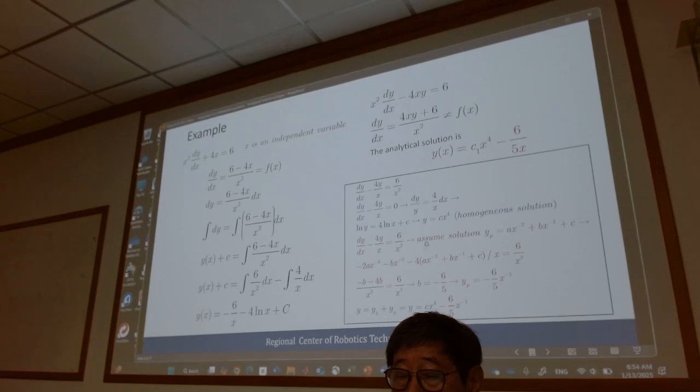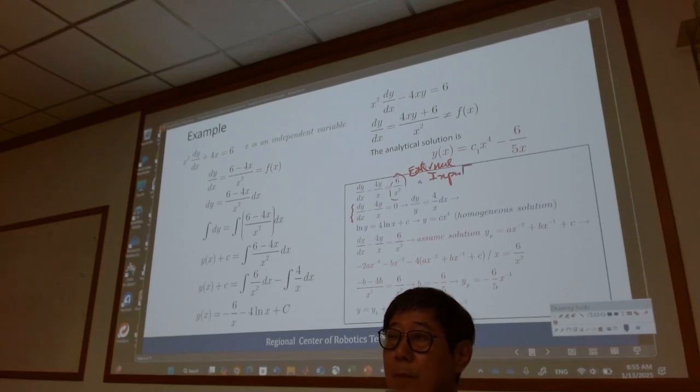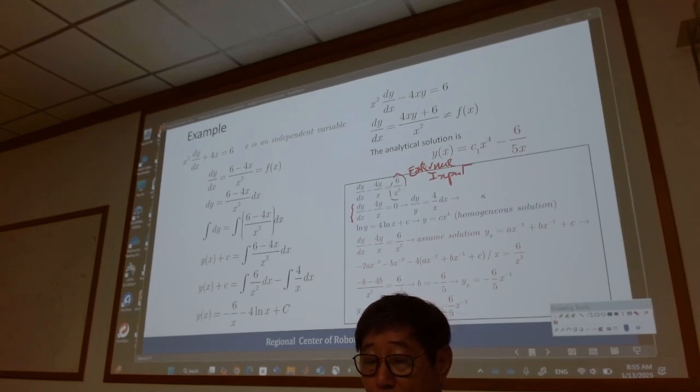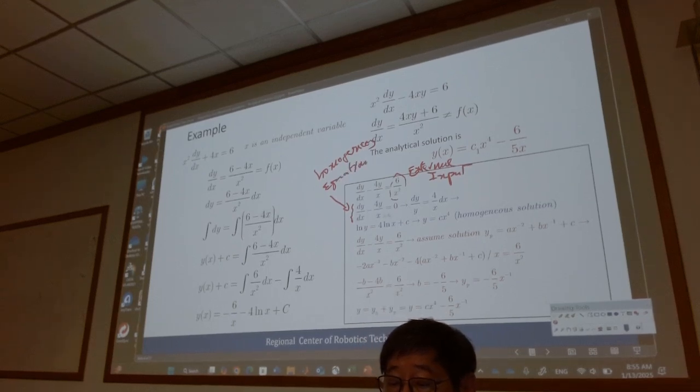Now you solve this one. See the homogeneous solution first. Assume this is the particular solution, this is the external input. So we solve this first, we call it the homogeneous equation. This one can be integrated directly, so we have this.